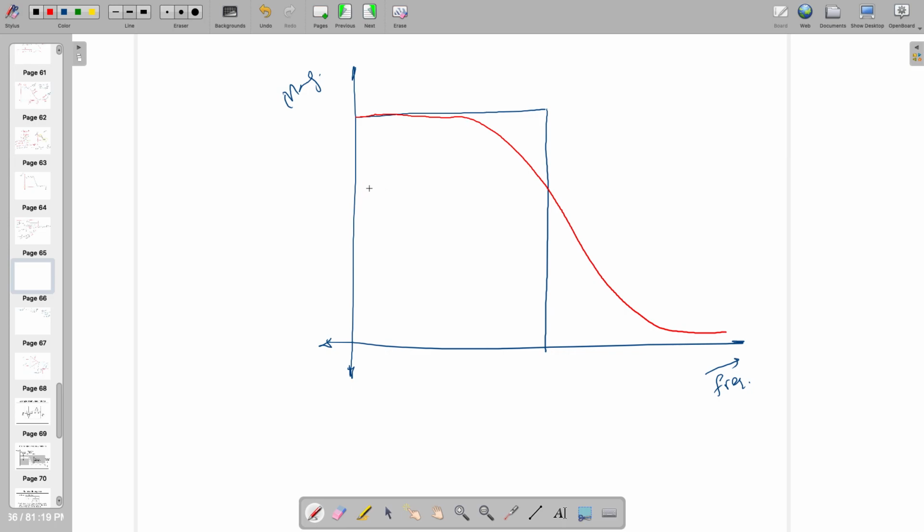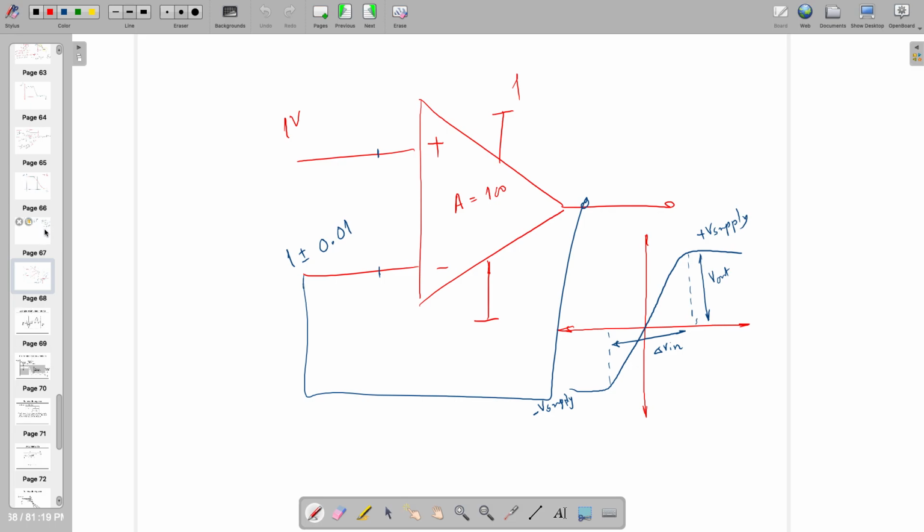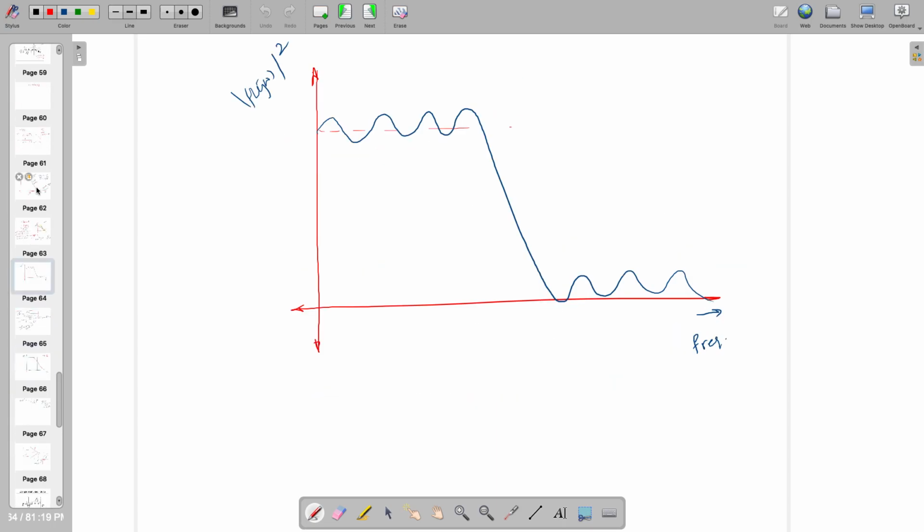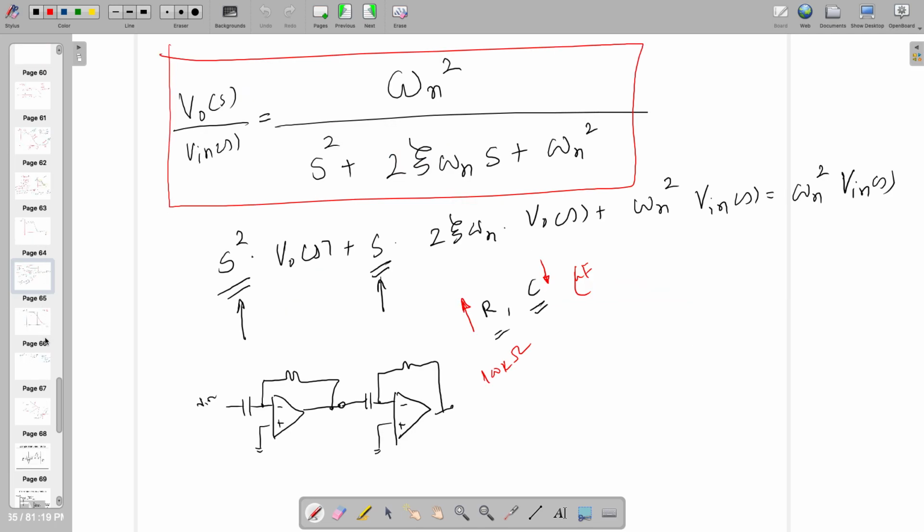By the way, if you are equating your magnitude with respect to 1 by root 2, or if your transfer function... where have I written?